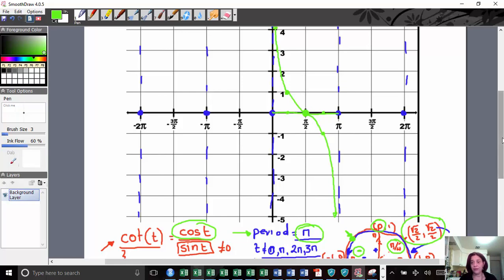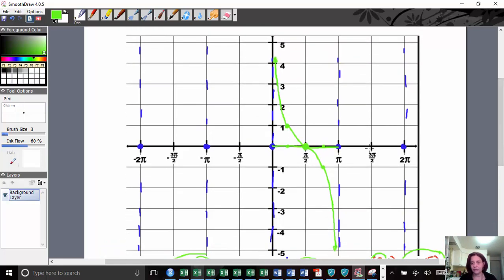We also know that the cotangent is a function that repeats itself. So this means that we have exactly the same type of shape as I move on, repeating throughout the domain.